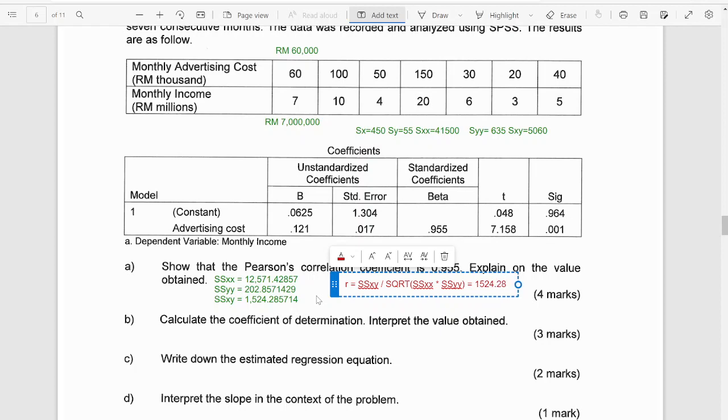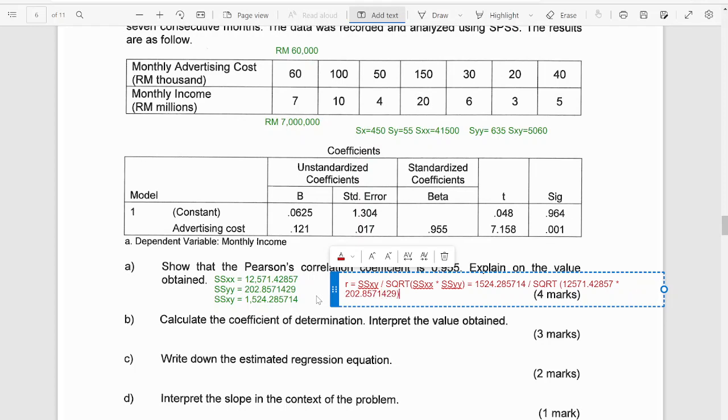1524.285714, and then divide by the square root of whatever the value is, 12571.42857 and then multiply with 202.857 1429.